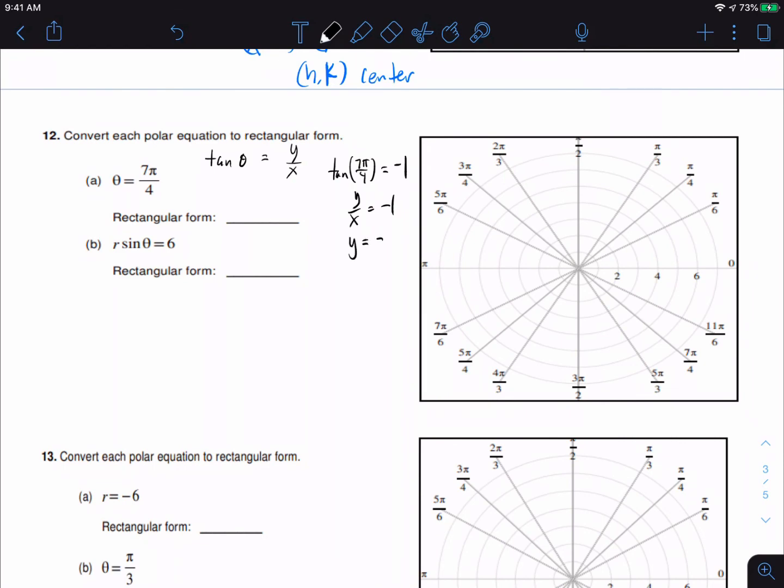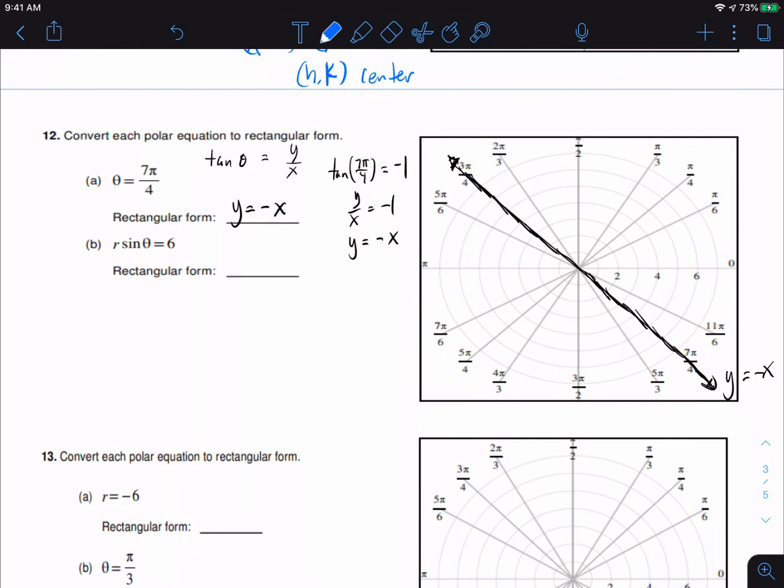So y is equal to negative x. So this equation is y is equal to -x. And y equal to -x is going to be that line right there. Try to make it bolder so you guys can see it. So that is y is equal to -x.